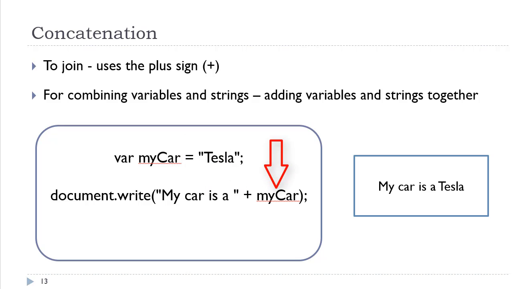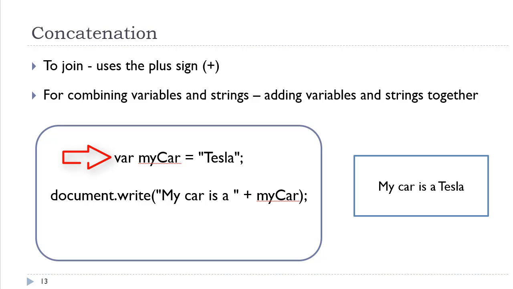Variables are not enclosed in quotations. They are interpreted by the browser, and the value is displayed in place of the variable. Therefore, we have to join the string and the variable together. We do that using the plus sign.